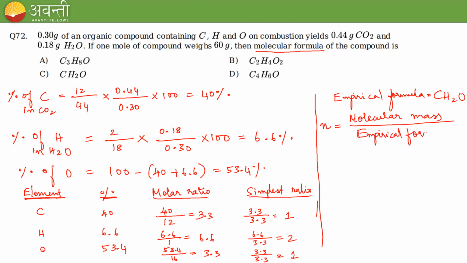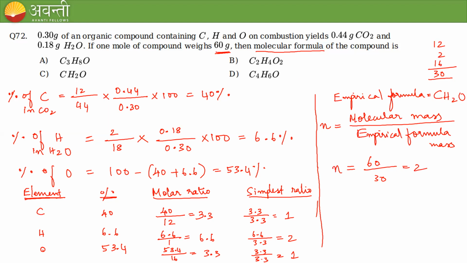The molecular mass is given in the question. It is 60 gram, and for the empirical formula mass, in the empirical formula we have 1 carbon and the mass is 12, and 2 hydrogens, so 2, and for 1 oxygen it is 16. So totally we are getting 30. So the empirical formula mass is 30 and the n value is found out to be 2.